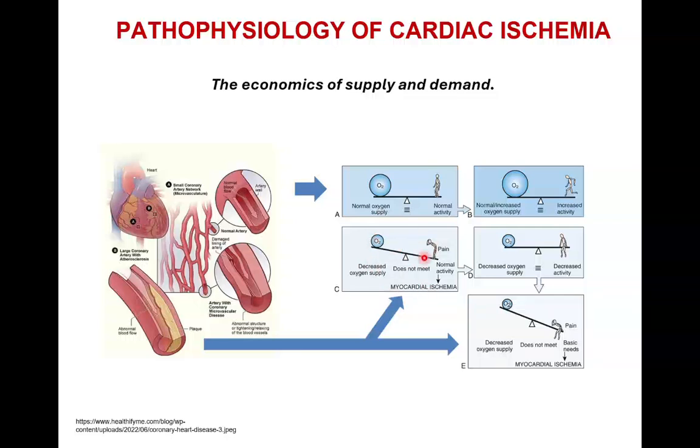So you see this seesaw or teeter-totter tips in favor of demand, which you don't want. You always want the supply to outpace demand. This individual starts to experience pain. It's called angina. We'll look at that in a minute.